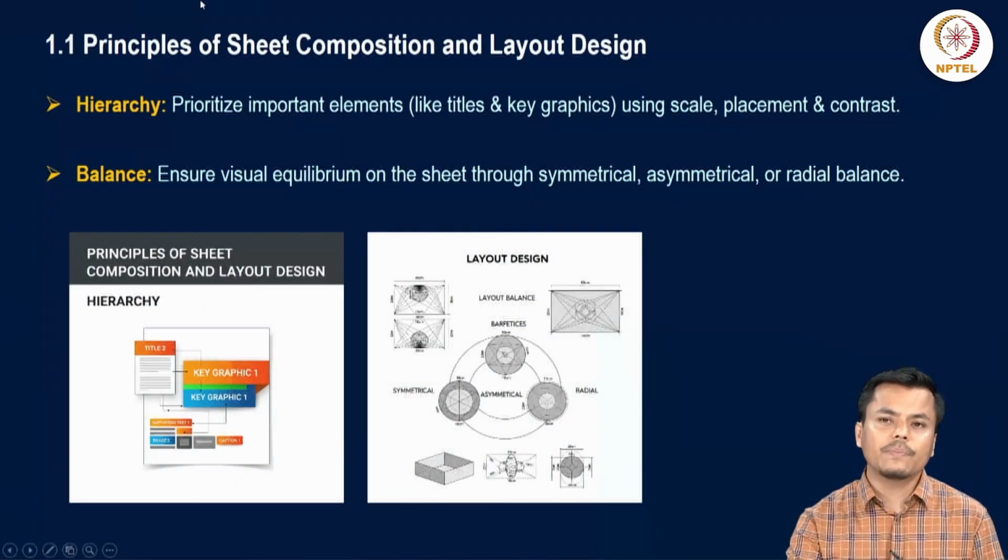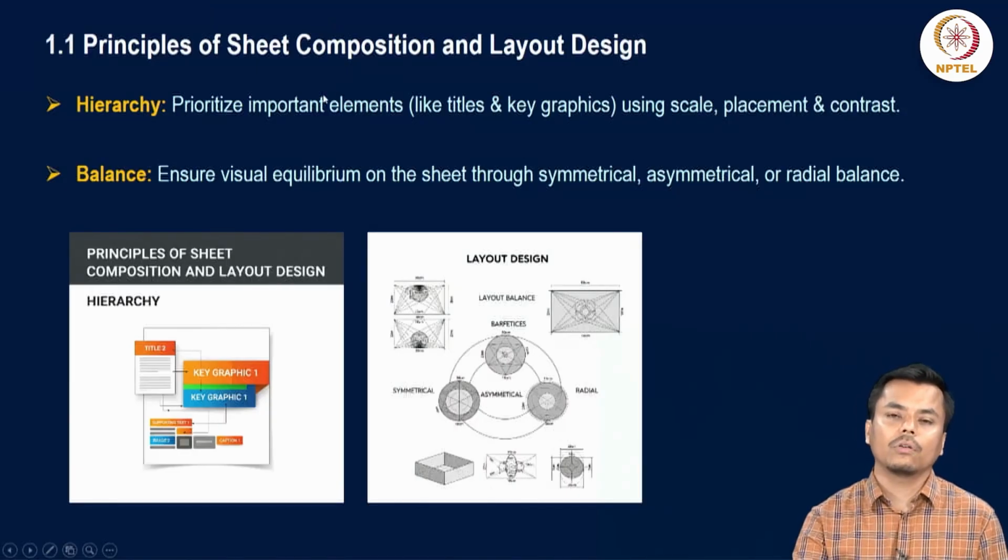So the principle of sheet composition and layout design starts with how we compose our information in a sheet. Some basic principles of design have to be followed in the sheet composition. The first is hierarchy. You have to prioritize the important elements like titles or key graphics.